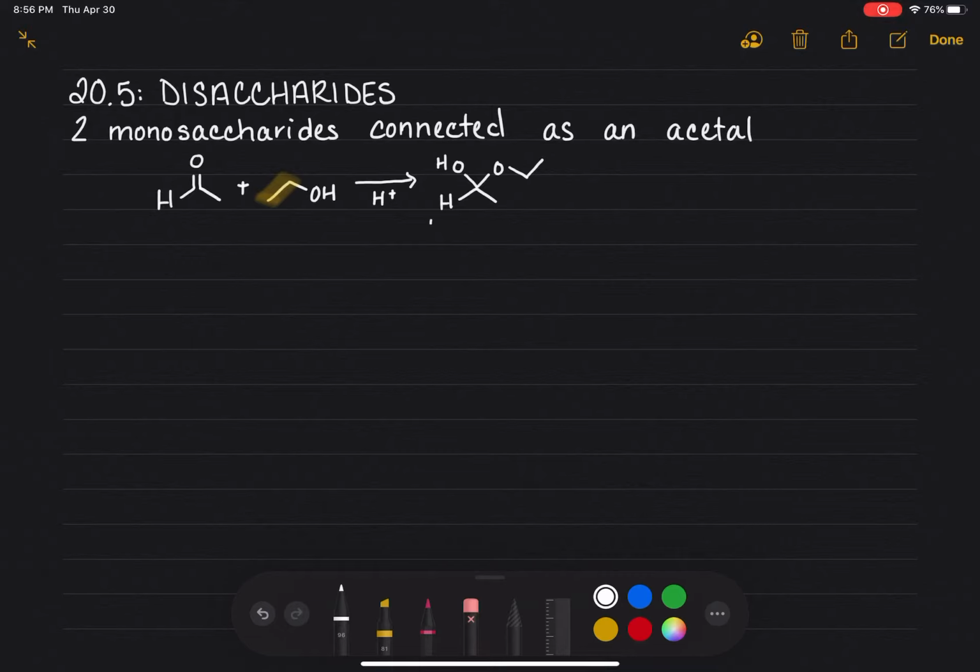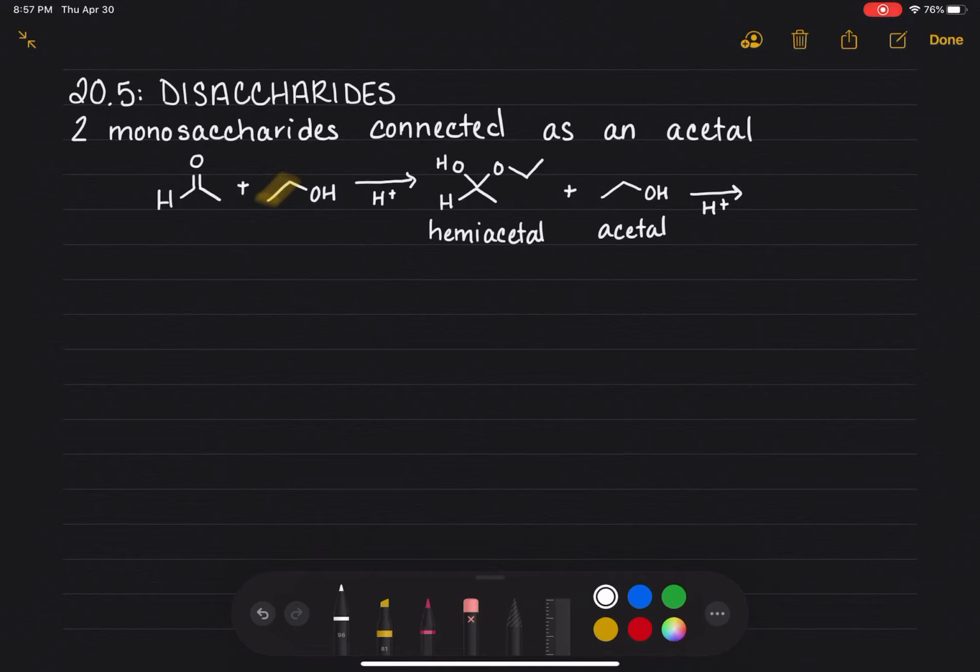So this is the hemiacetal. And in the last section, you learned that when the monosaccharides curl up into their cyclic form, they form the hemiacetal.